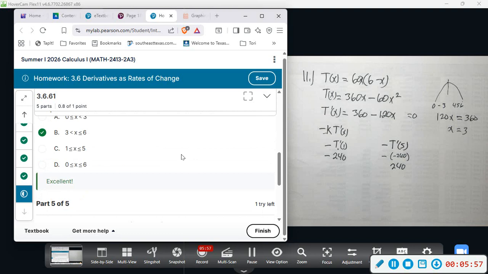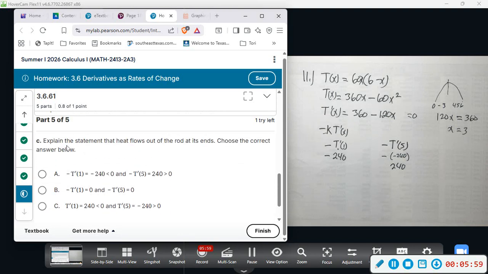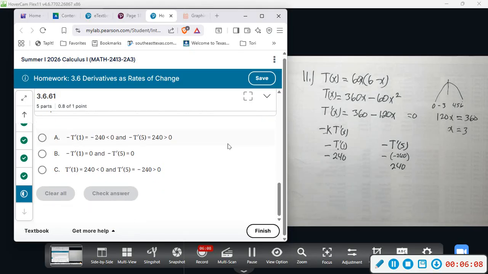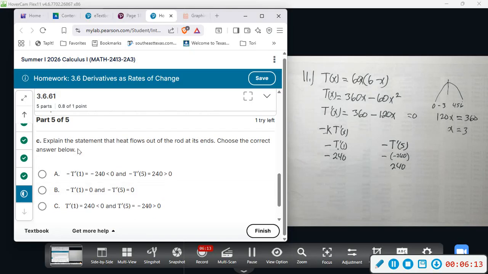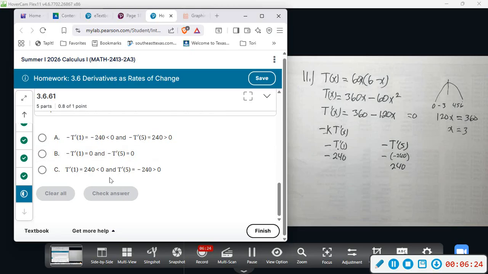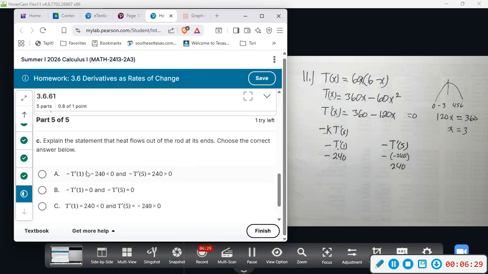All right, and finally, explain the statement that heat flows out of the rod at its end. Okay, so at its end, it's going to be on the very tip. So T prime at 1 and 0, so more on the negative side.